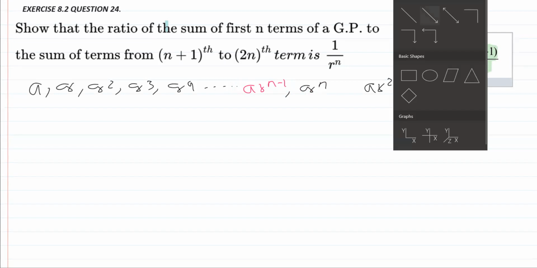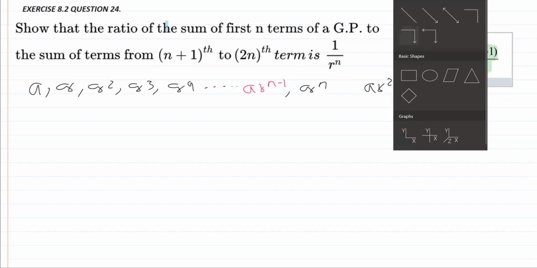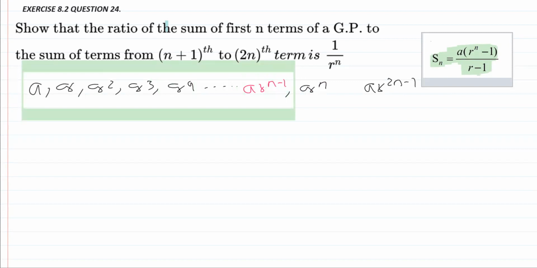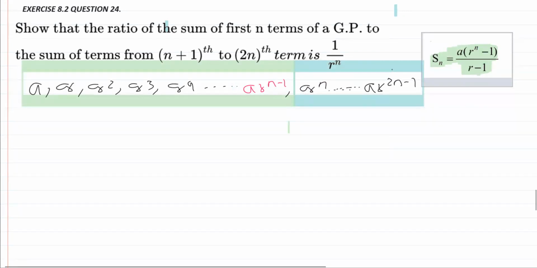Well, if you read the question once again, we have to show that the ratio of the sum up to the nth term, and the sum of the terms from the n plus 1th term till this one, with other terms in between, is 1 over r raised to the power n.